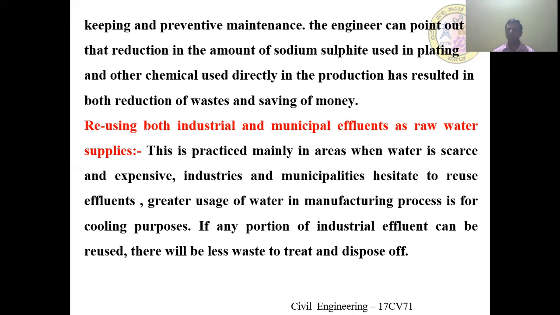In this way, we can conserve by different methods.